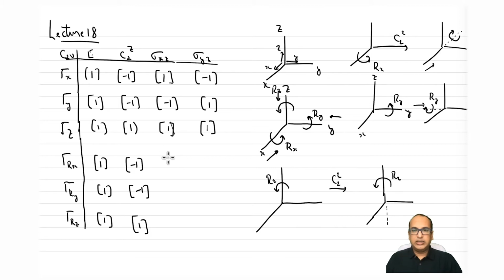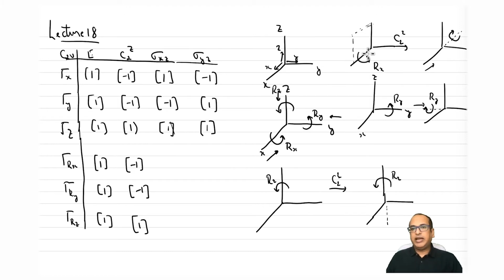So now let us look at what happens if we do the sigma xz operation onto Rx. So here is your Rx. If I'm doing the sigma xz operation, xz is this plane which is bisecting this particular vector, right?